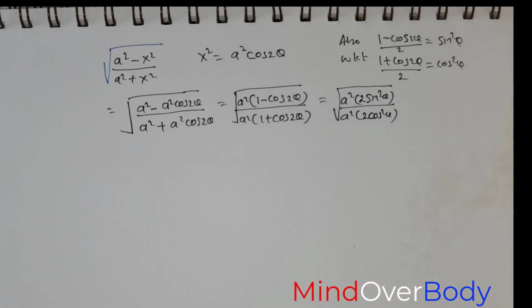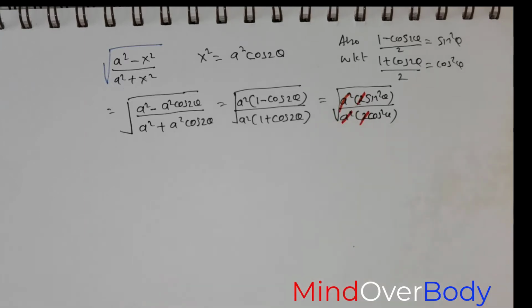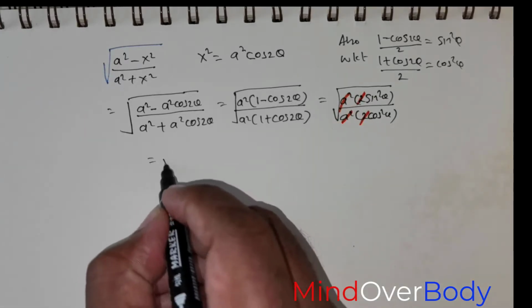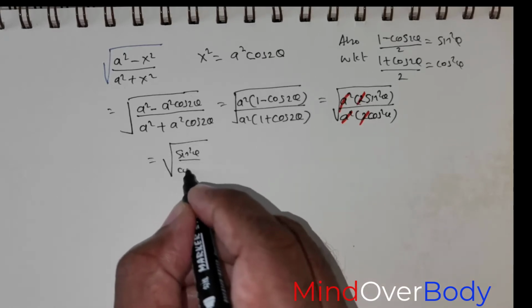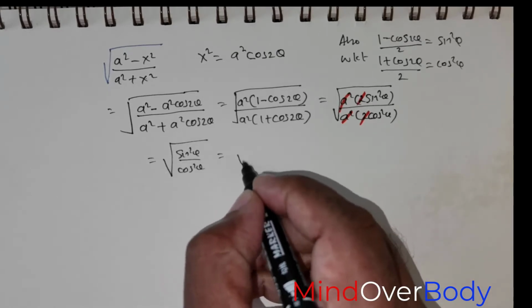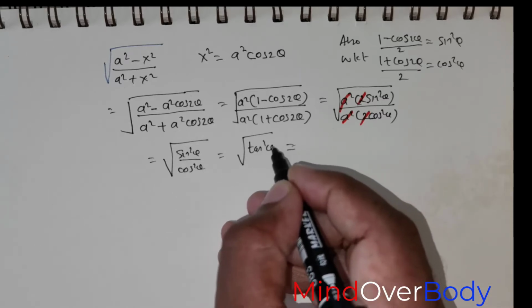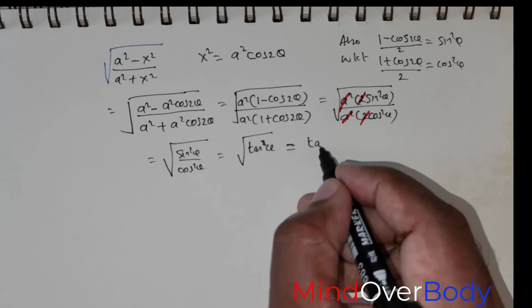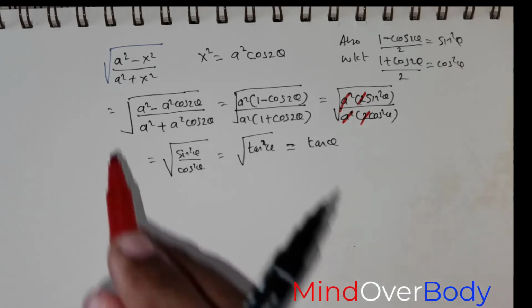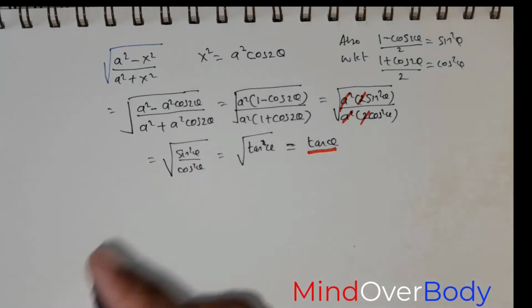So clearly you can see that these two can be cancelled, a squared can be cancelled, and you are left with the square root of sine squared over cos squared, which is nothing but root of tan squared theta, which is nothing but tan theta. So this is how we have removed the square root.